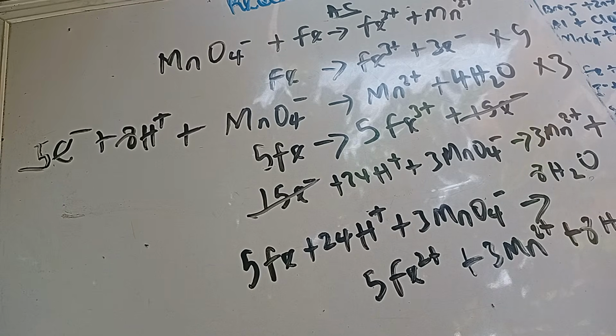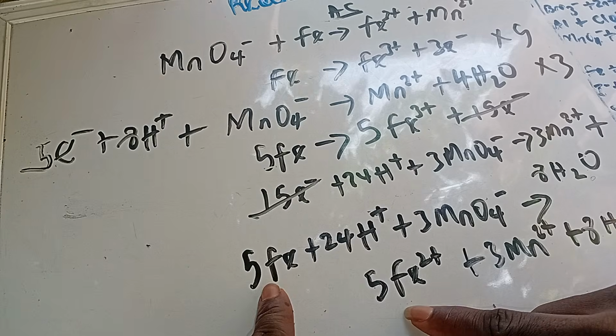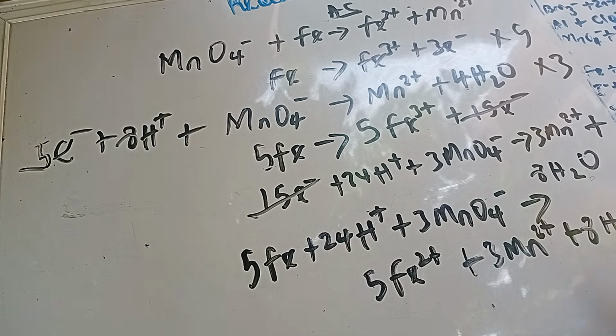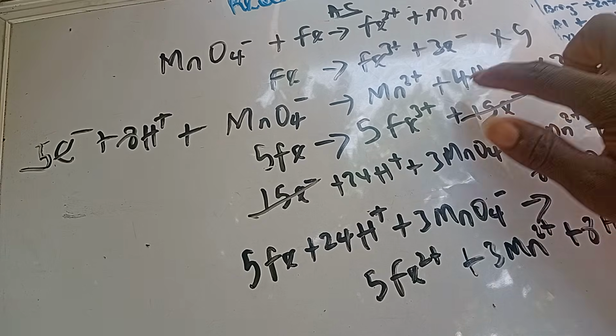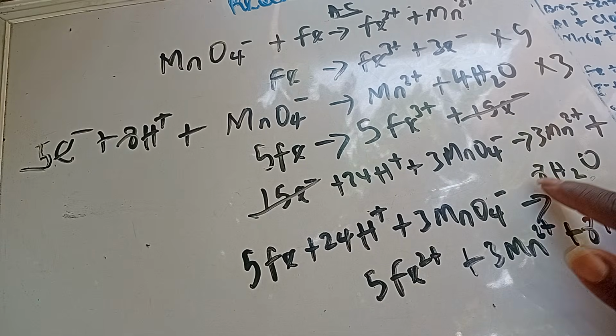Now let's check the atoms and the charges if they are balanced. 5 Fe is balanced. 24 hydrogen. Wait, hydrogen is not balanced. It's balanced, I made a mistake. 3 times 4 is 12, I wrote 8.